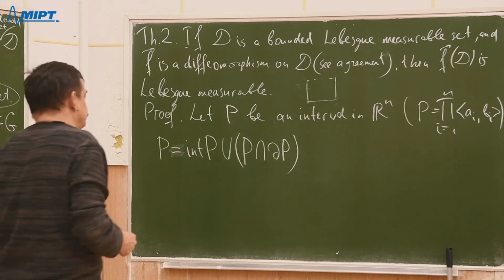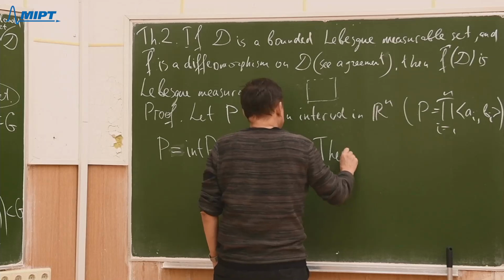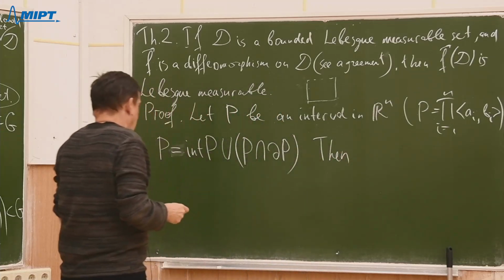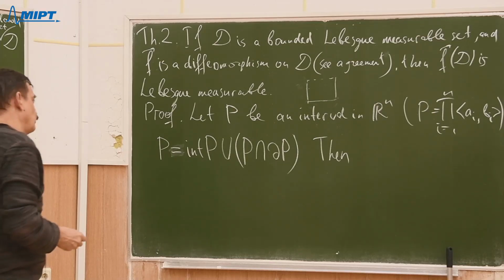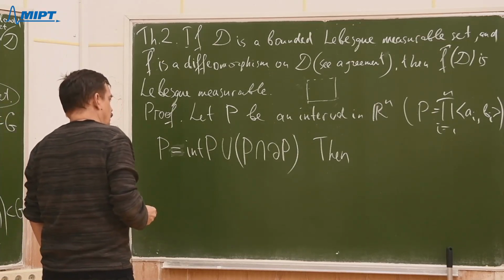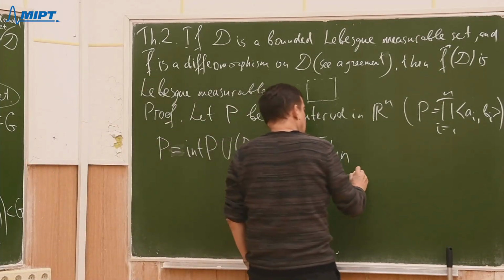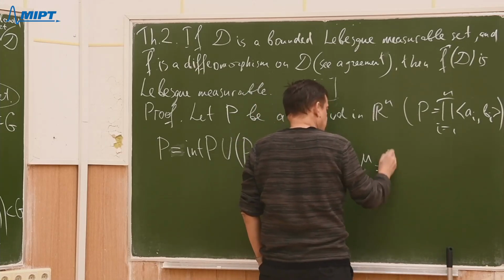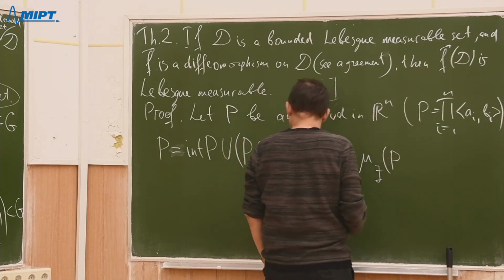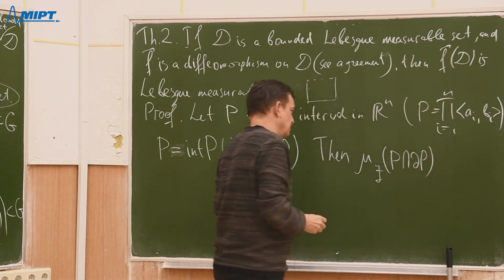Then the outer measure, in fact even Jordan measure, of f of P intersected with the boundary.